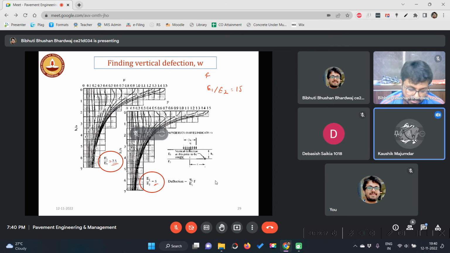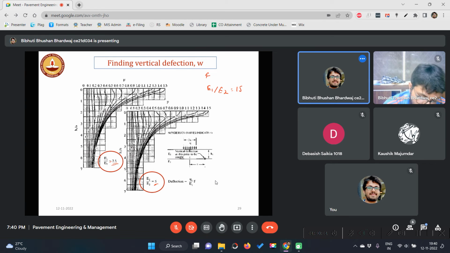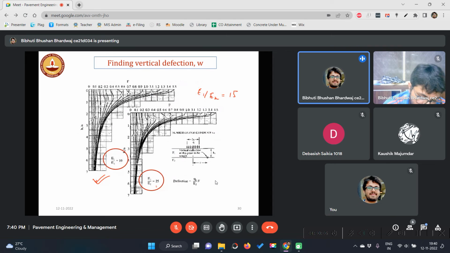No, sir. You will find F corresponding to E1 by E2 of 10, then again F corresponding to 25. Then you will interpolate both the values of F. Okay. Yes, sir.